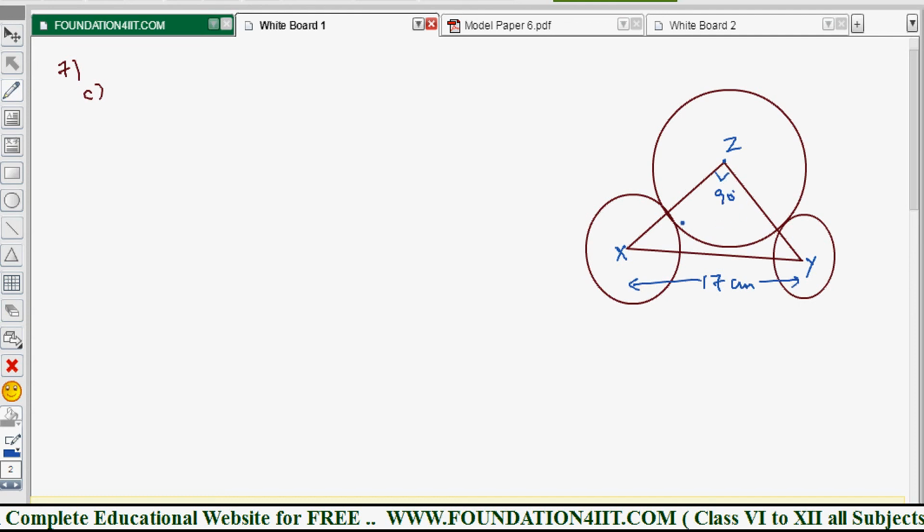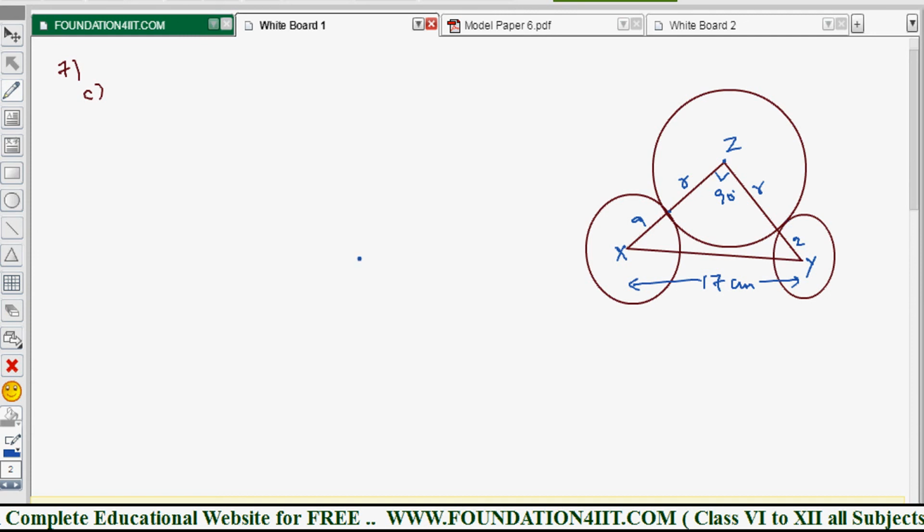One circle has radius 9 centimeters and one has radius 2 centimeters, and this radius is r. Right, now XYZ is a right angle triangle.